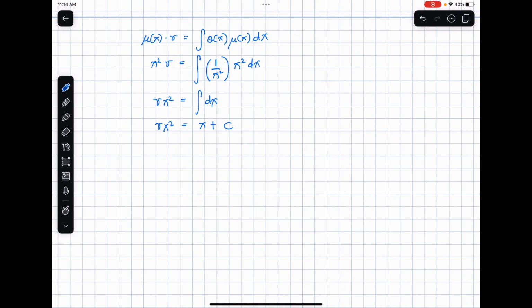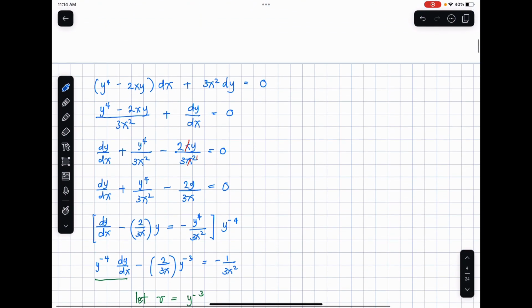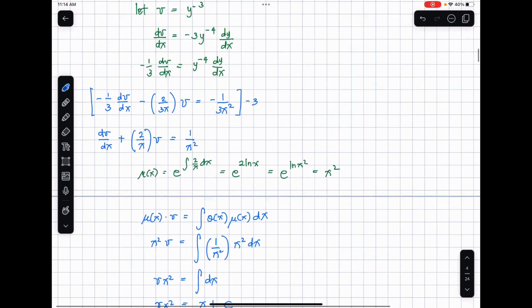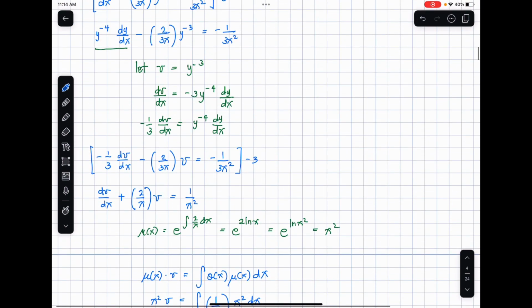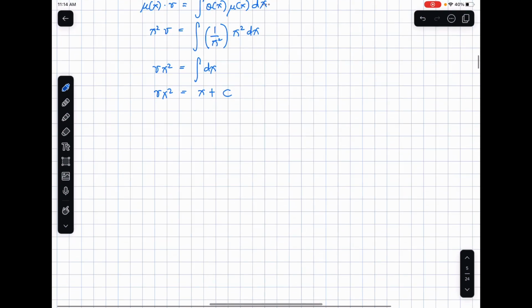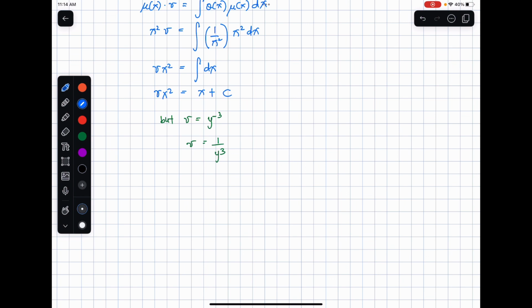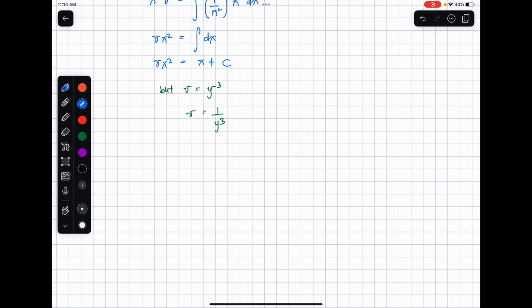But since this is a substitution method, we transform it back as our last step, wherein v is equal to y raised to negative 3. Recall that v is equal to y raised to negative 3, which is the same as 1 over y cubed. So it becomes x squared over y cubed is equal to x plus c.